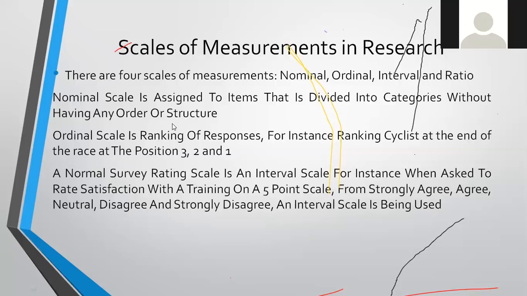Okay. I said that in the nominal scale, you are assigning numbers, but these numbers do not have meaning. Did you get that? Yes, ma. Then on the ordinal scale, these numbers have meaning.